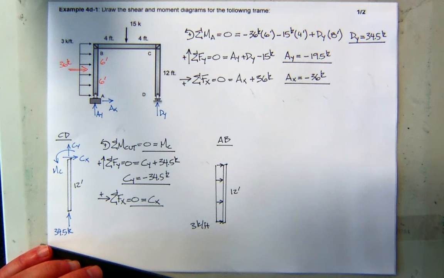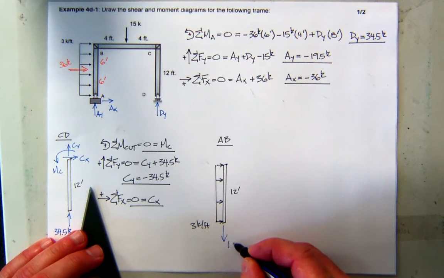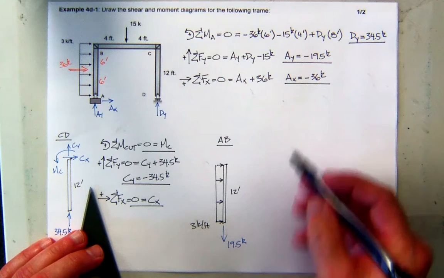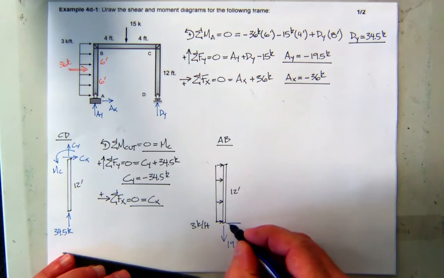At A, we solve for AY. It was down. That's 19.5 kips. We solve for AX. We assume to the right it's negative, so it's in this direction.